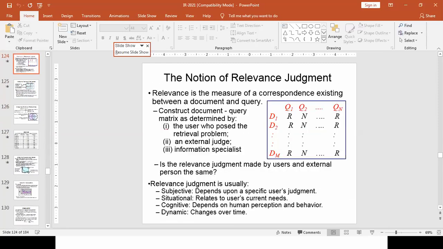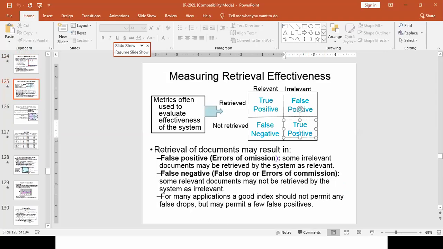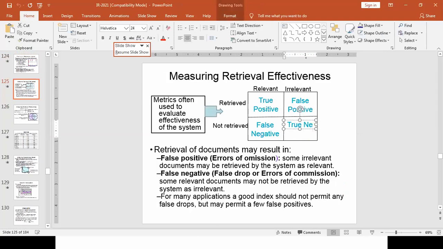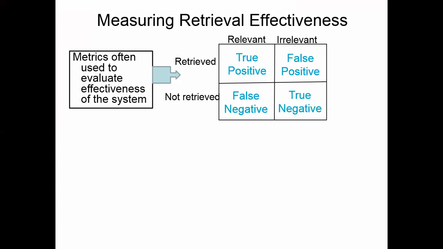The major thing we have to concentrate on is the false side, both the false positive and false negative. If the system is retrieving relevant documents and ignoring irrelevant documents, that system is the best.